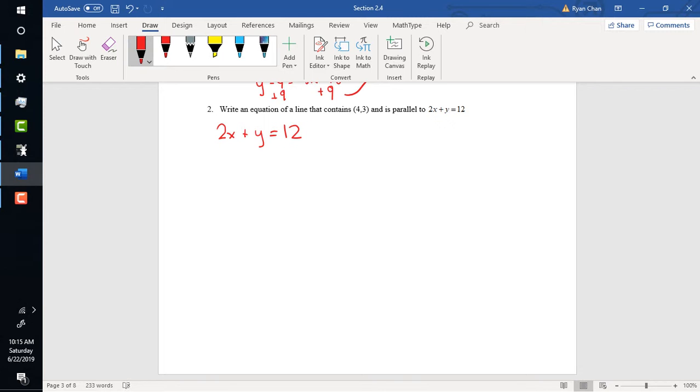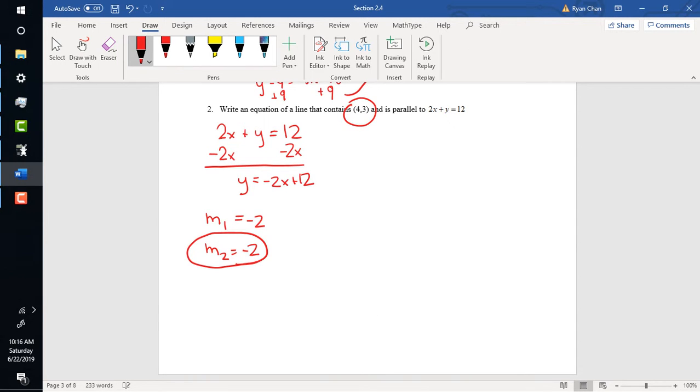To get slope-intercept form, get y by itself. So I subtract 2x from both sides and have y equals negative 2x plus 12. I clearly see that my first slope is negative 2. Since it is parallel, my new slope, m2, is negative 2. So this is the one I'm using.